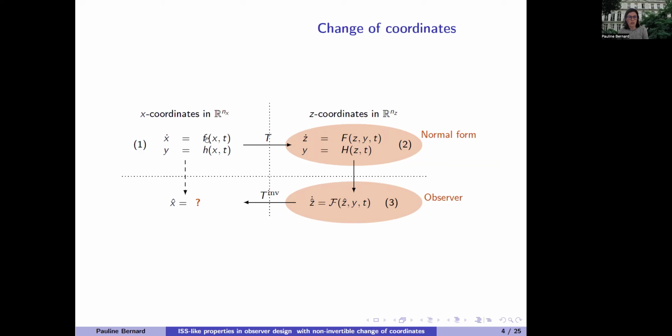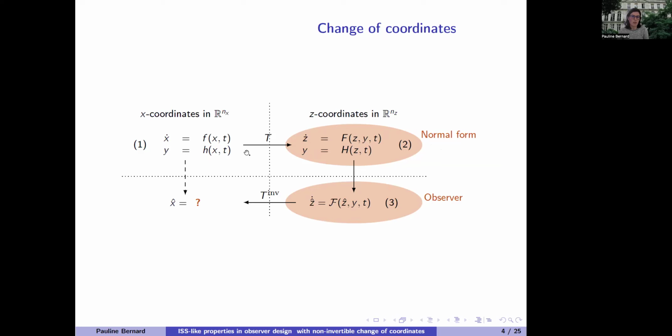So what you do is you try to find a change of coordinates that puts the dynamics into a specific normal form that you find easier, because for this form, you know how to build an observer. So here you have a state that is called z, and you produce an observer, which is z hat.